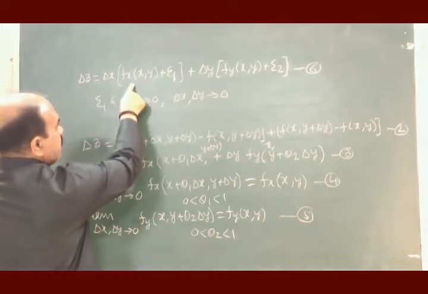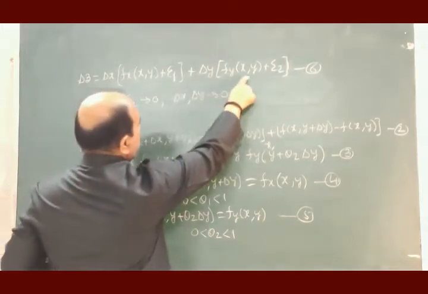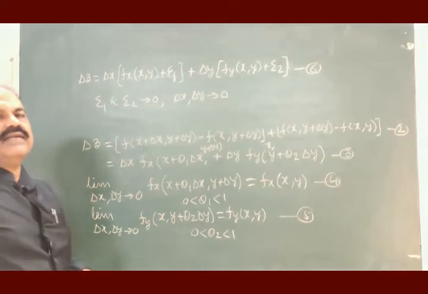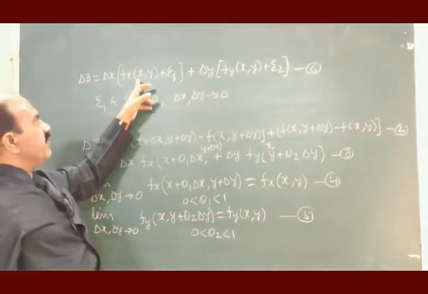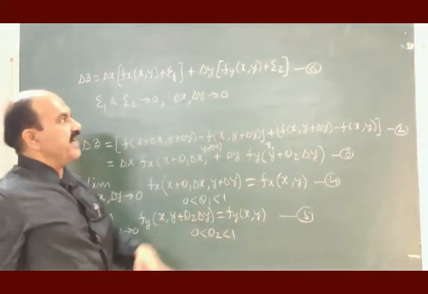If we suppress the point (x, y), let us make it general by suppressing the point (x, y).